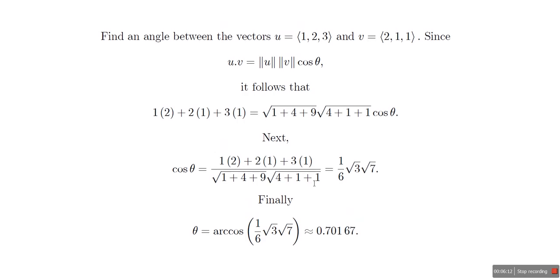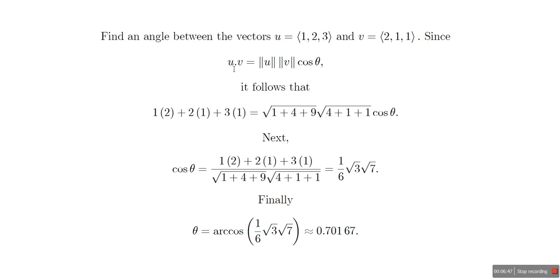Now, let us look at a specific example. Suppose we are given two vectors u and v, and we are interested in finding the angle between them. Suppose u has components 1, 2, and 3, and v has components 2, 1, and 1. We know that there is a relation between the dot product of these vectors, the magnitudes of the vectors, and the cosine of the angle between them.